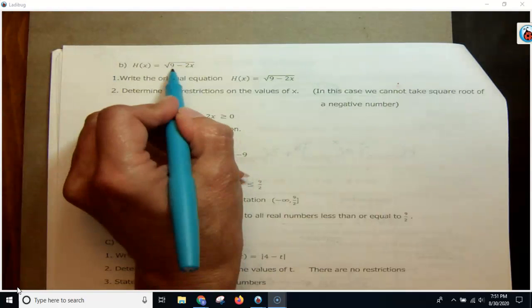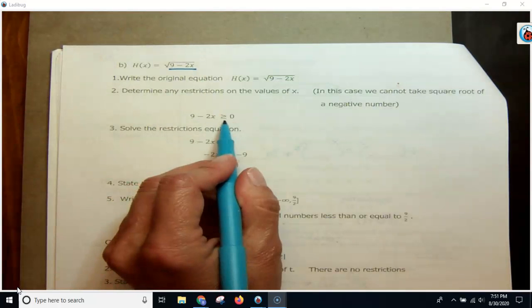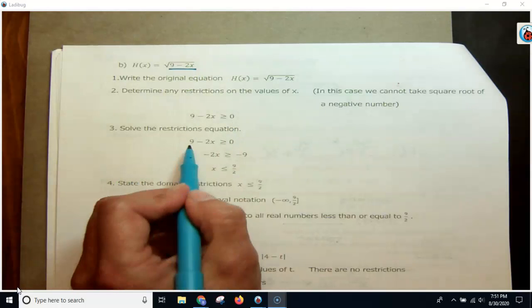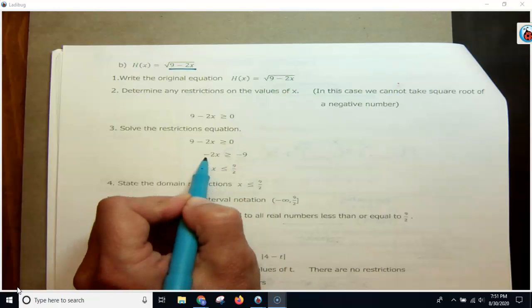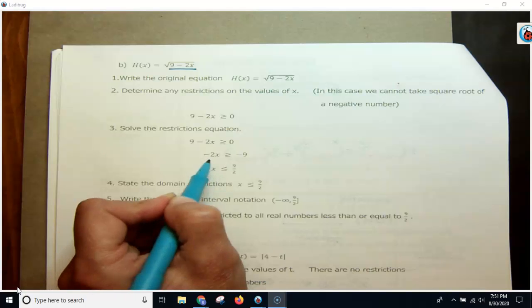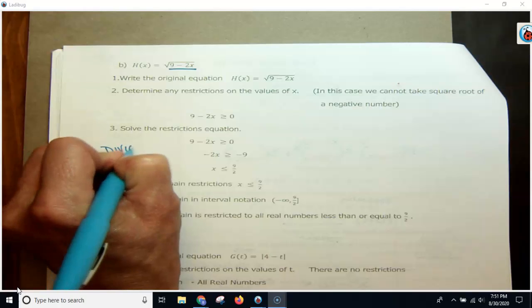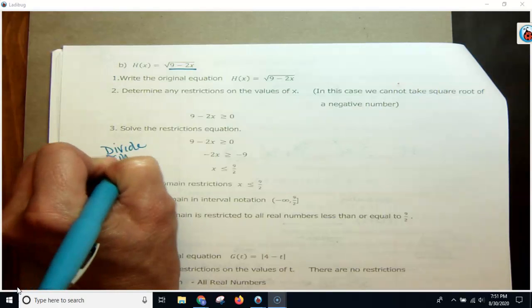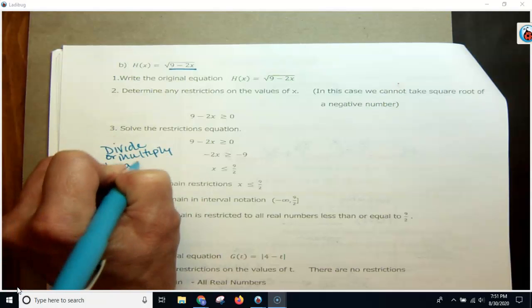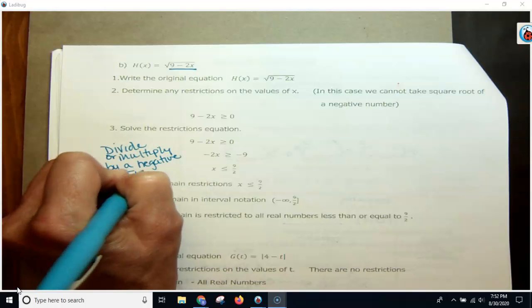So you take what's inside of your square root, you set it greater than or equal to 0, and then you solve it. Yay! So I'm going to subtract 9 from both sides. I get -2x greater than or equal to -9. And then I'm going to divide by -2, and you know when you divide or multiply by a negative, you've got to flip that sign.